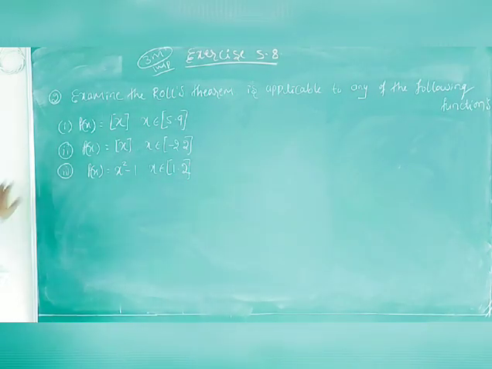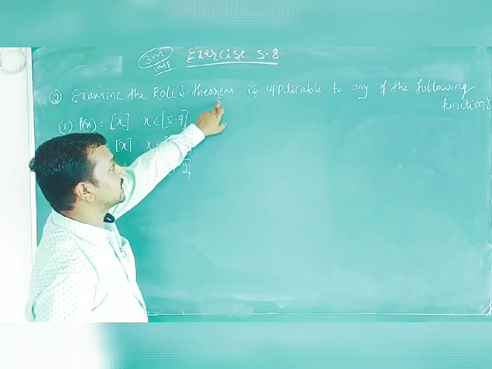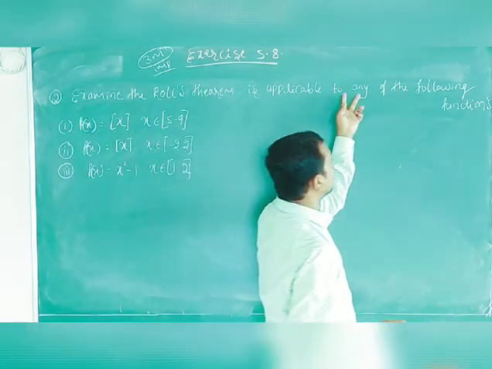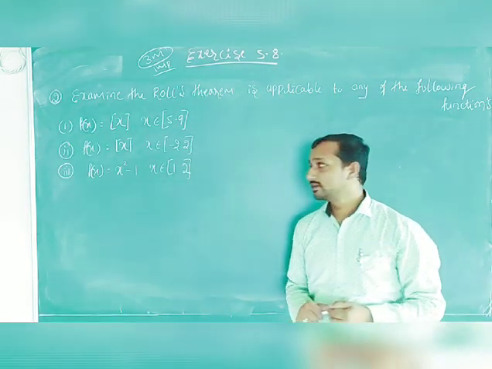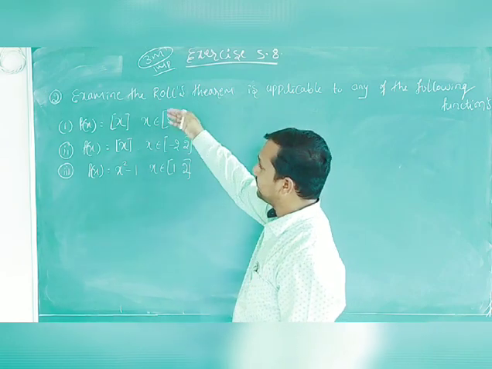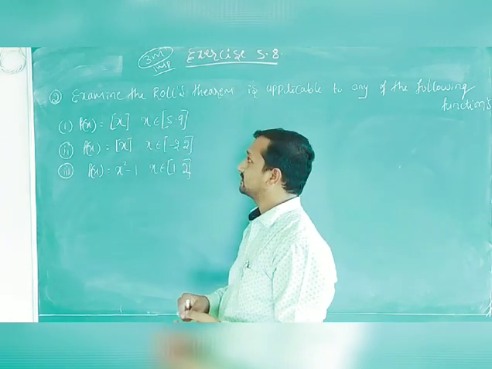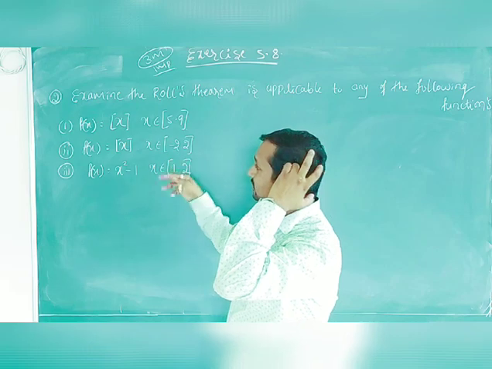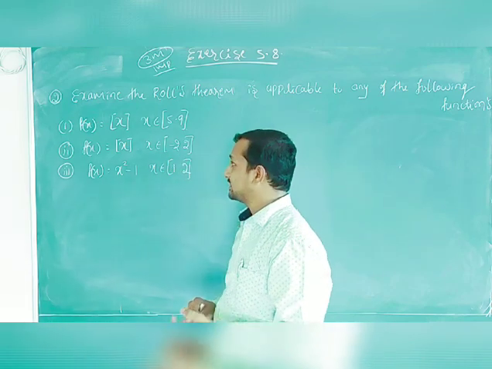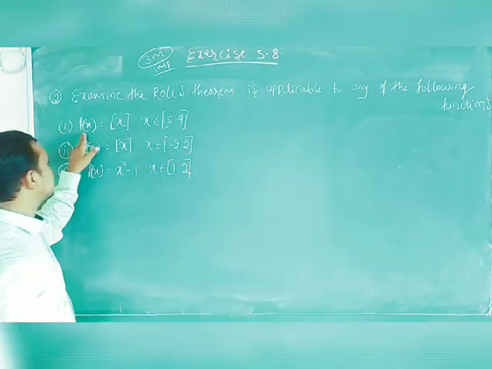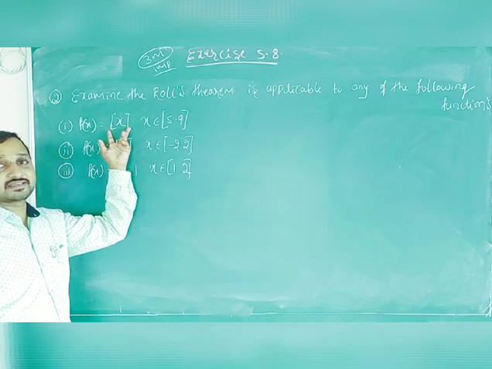Students, in this example, examine whether Rolle's theorem is applicable to any of the following functions. So here we need to verify the first, second and third function, whether Rolle's theorem is applicable or not. See the first example, f of x equal to greatest integer x.